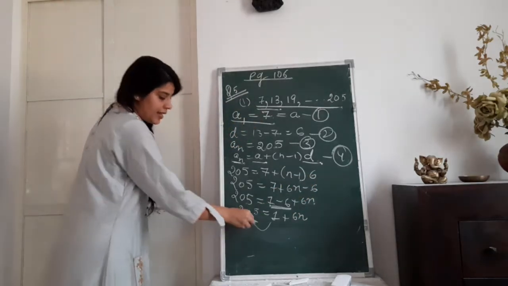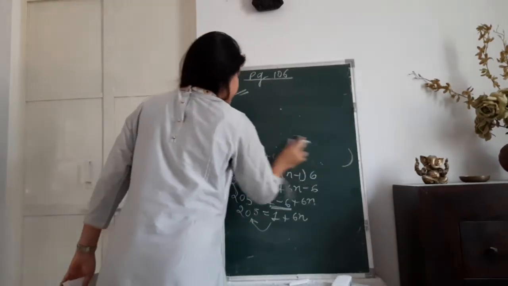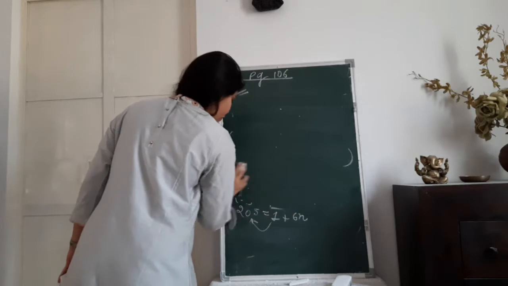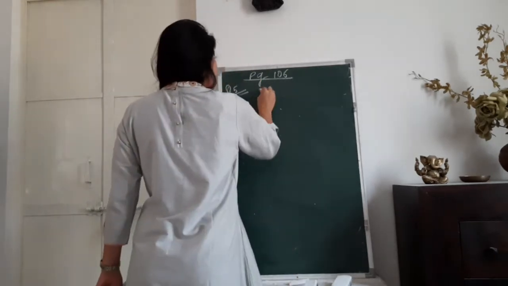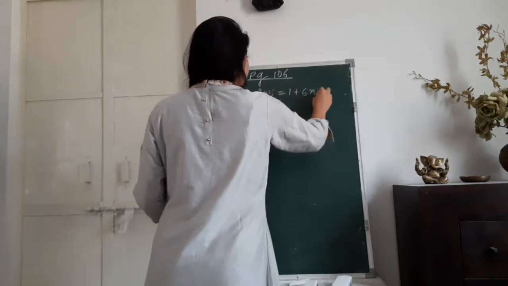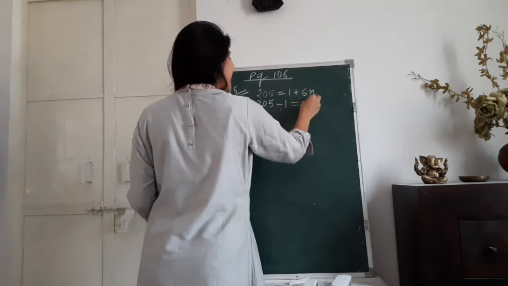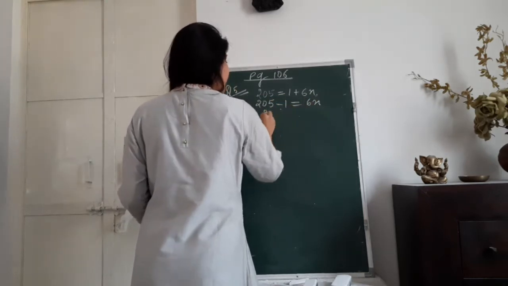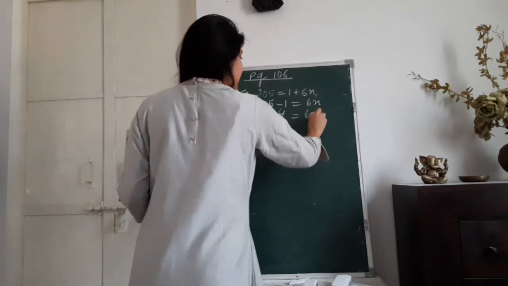Now let's solve this equation, where 205 equals 1 plus 6n. 205 minus 1 equals 6n. That gives me 204 equals 6n.